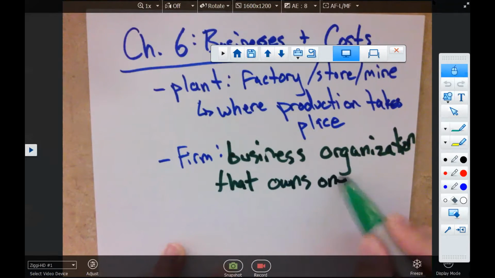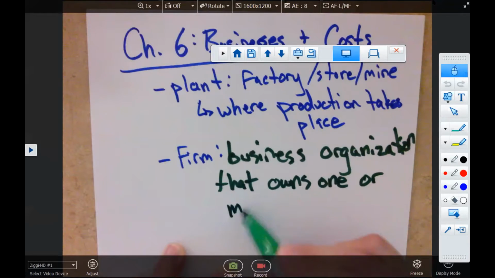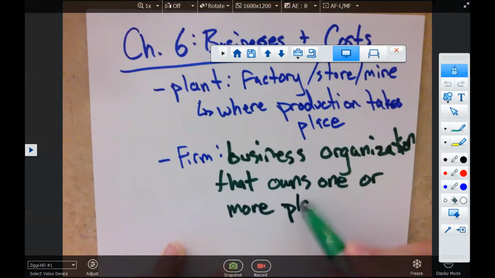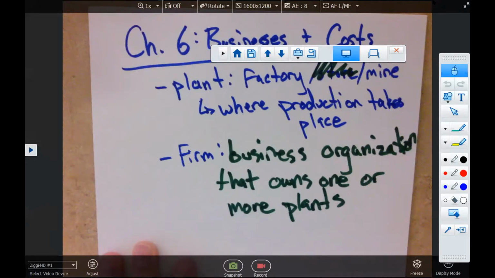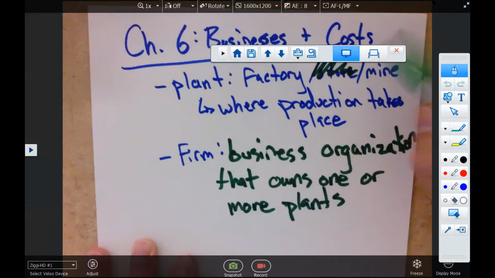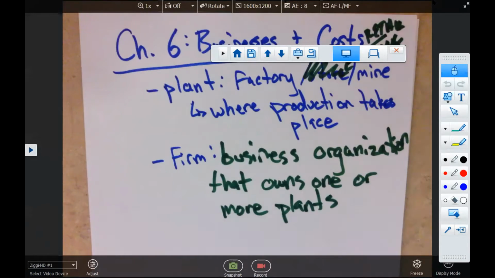Why would a store be classified as a plant though? Factory, mine, that's probably good. Well, hold on. It could be retailing, wholesaling, warehousing. So yeah, that's fine. But what about a Krispy Kreme?